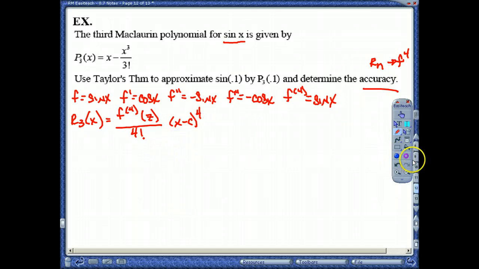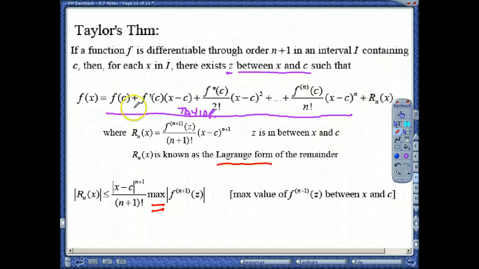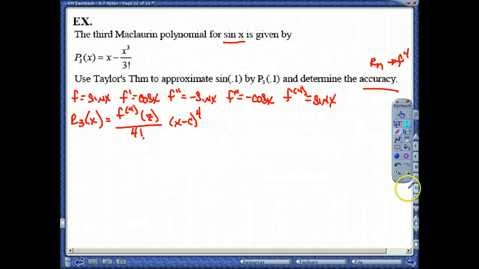That's my little formula from that Taylor theorem. All I've done is use this right here. I just rewrote that formula. I know that this was a 3, so 3 plus 1 is 4. For x minus c, I know that c is 0 because I'm actually working with a Maclaurin, so that's how we know it's 0.